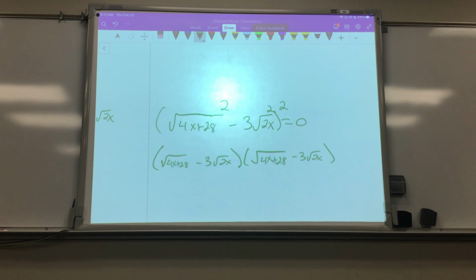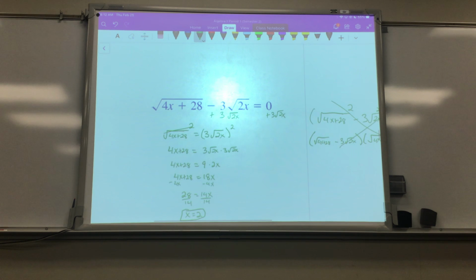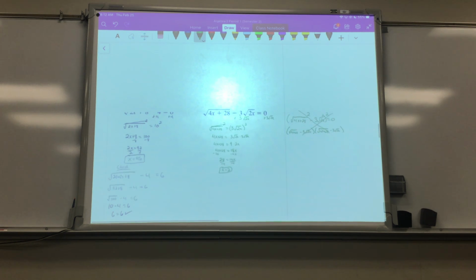So you need to isolate those radicals before you do that. Go ahead, give that one a try. Make sure to check your answers in the end.